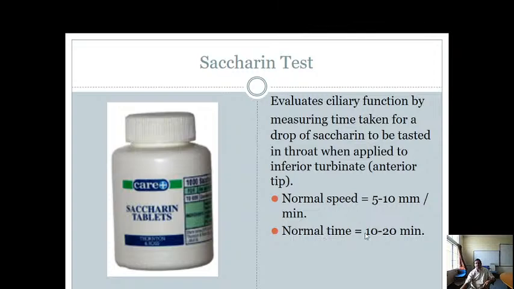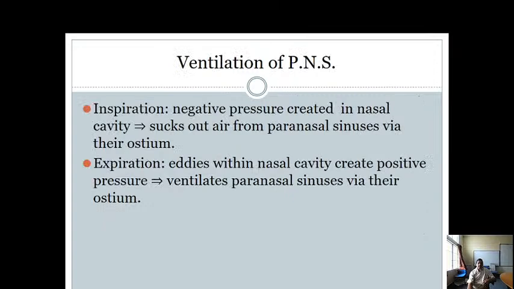Saccharin, that is a sweetening agent, can be felt when it comes into the nasopharynx and then the oropharynx by the perception of the taste. So it takes roughly about 10 to 20 minutes, and that is how the nasociliary function has been evaluated.